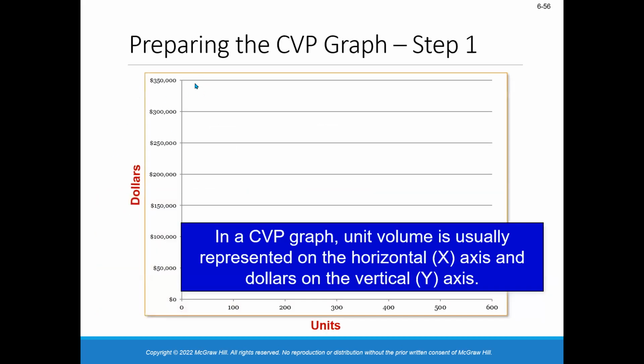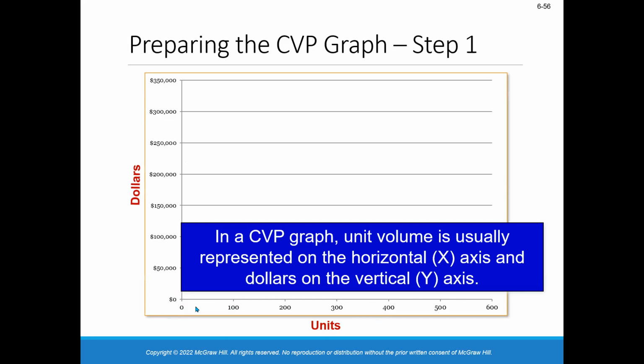So if you have an X and a Y axis, it doesn't matter whether you draw this graph manually or use any spreadsheet or other software. The x-axis will be the cost driver, or the sales units in our case.